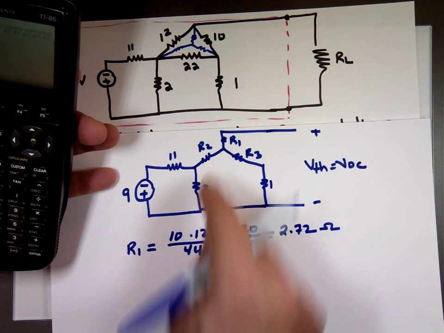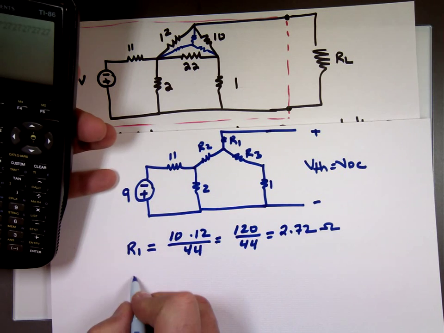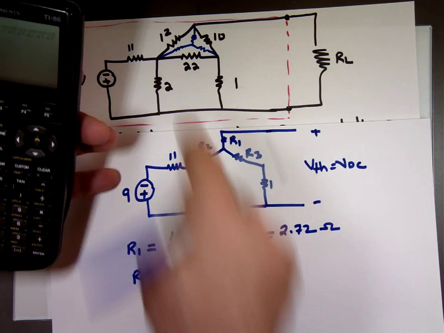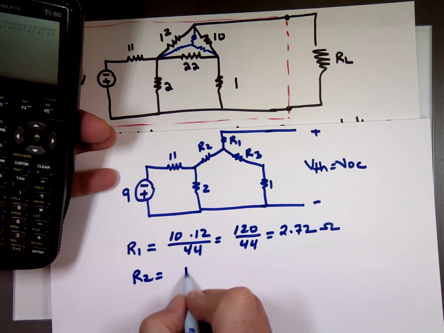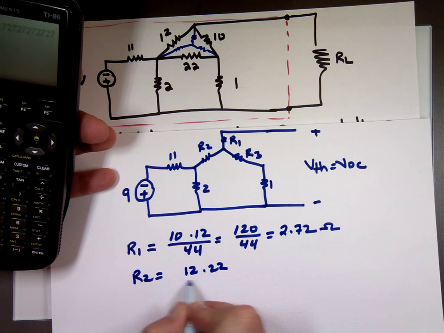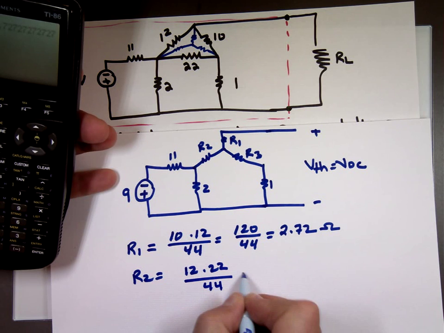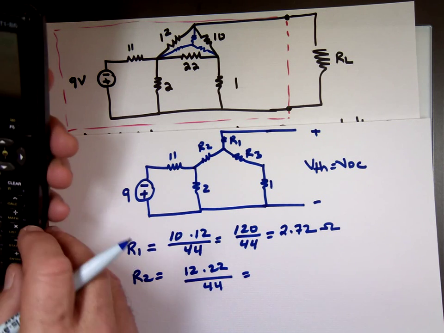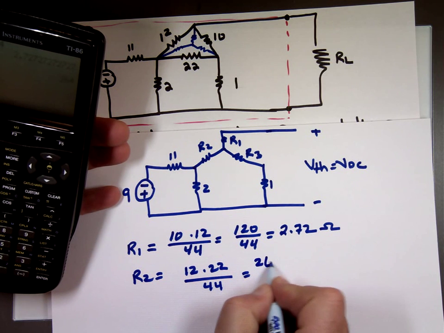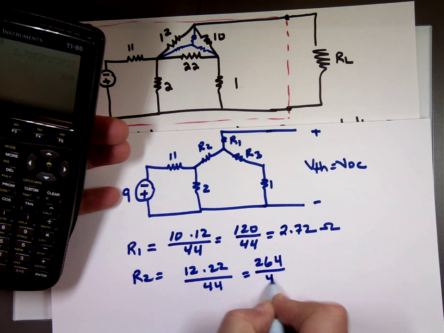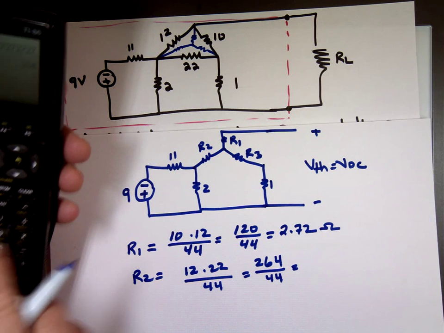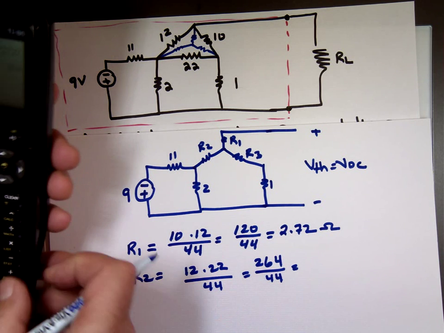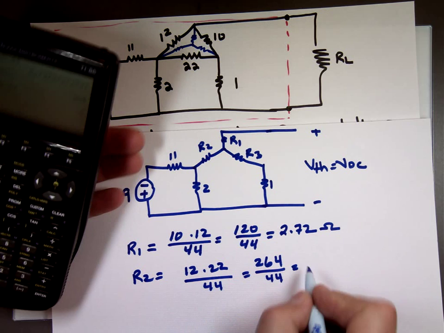Now to find R sub 2, that's this resistor. I'm going to multiply 12 times 22 divided by 44. So that's 264 over 44. That's a 6.